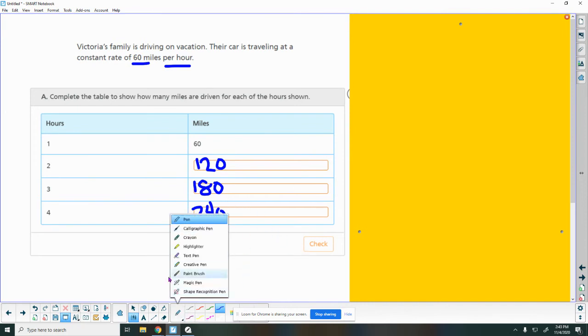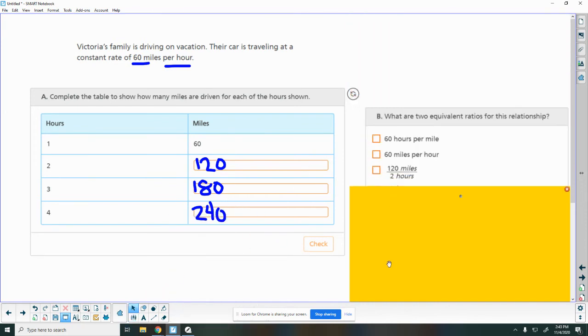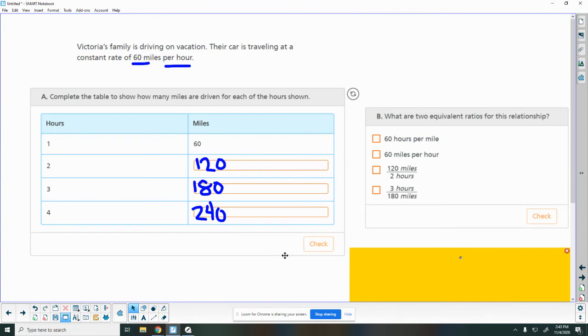So now let's take a look at under here. And it wants to know, what are some equivalent ratios for this? So every hour, she goes 60 miles. 60 hours per mile. That means it would take her 60 hours, so more than 2 days to go a mile.